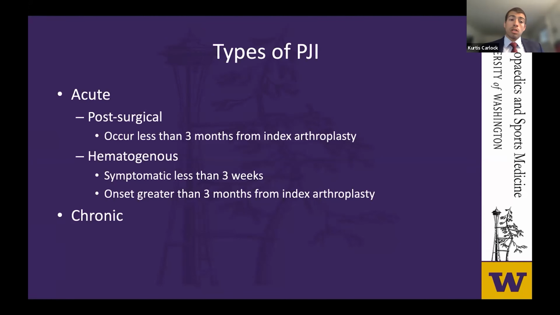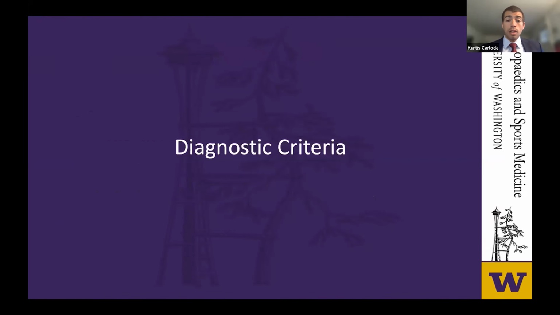We have our patients with our acute post-surgical infections, which are those that are occurring less than 3 months from our index arthroplasty procedure, and those coming in with acute hematogenous infections, which are those that are occurring farther out from the index operation but have been symptomatic for a relatively shorter period of time, often with a presumed primary etiology of their infection, whether that be a distant soft tissue infection or any other variety of potential sources.